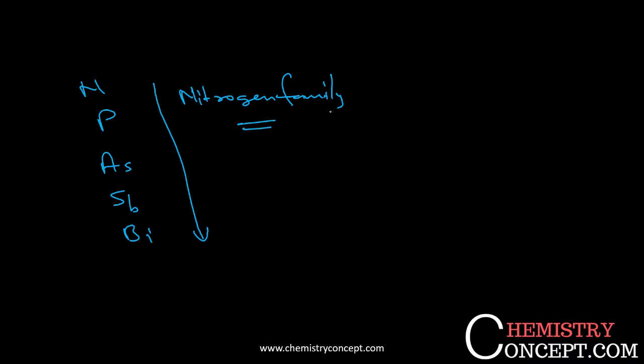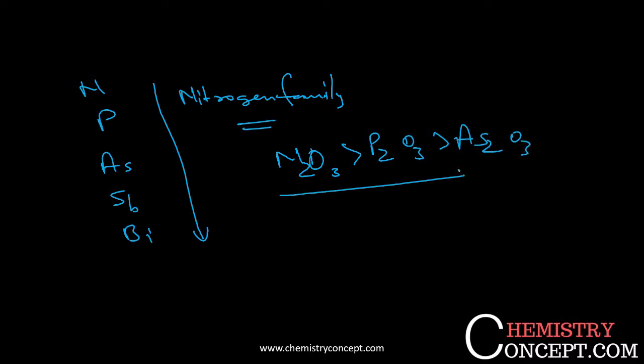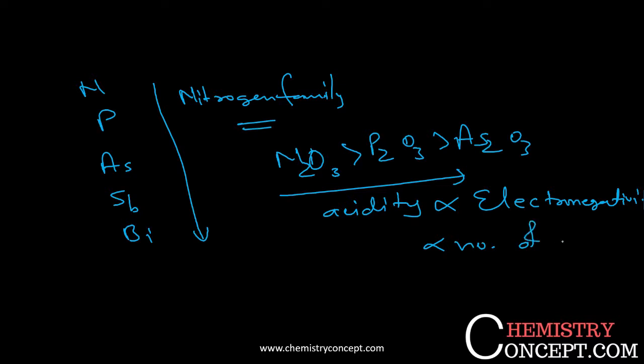So if we are going to see the acidic strength of trioxides, nitrogen N2O3 is the most acidic as compared to the others. Acidic strength is directly proportional to the electronegativity, or directly proportional to the number of oxygen atoms.